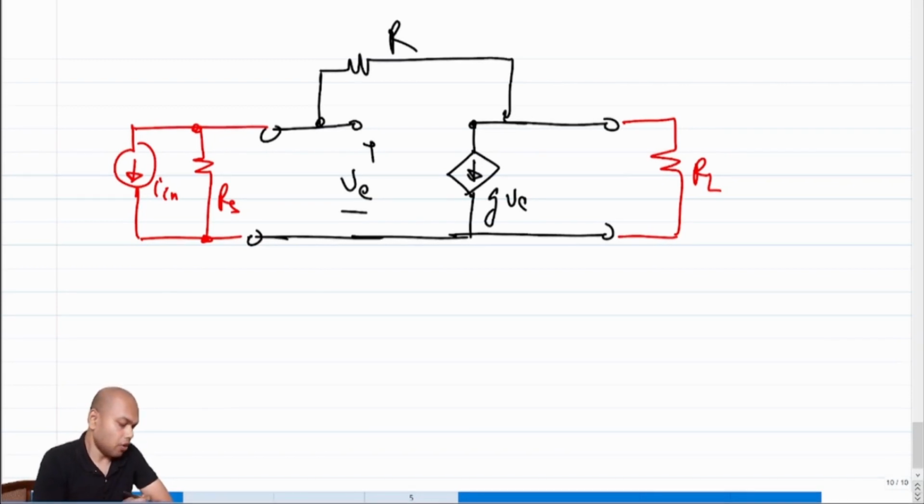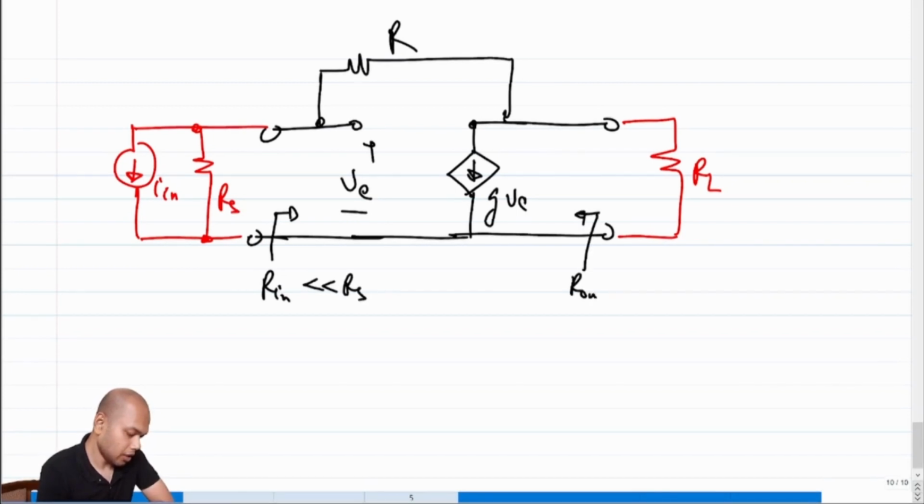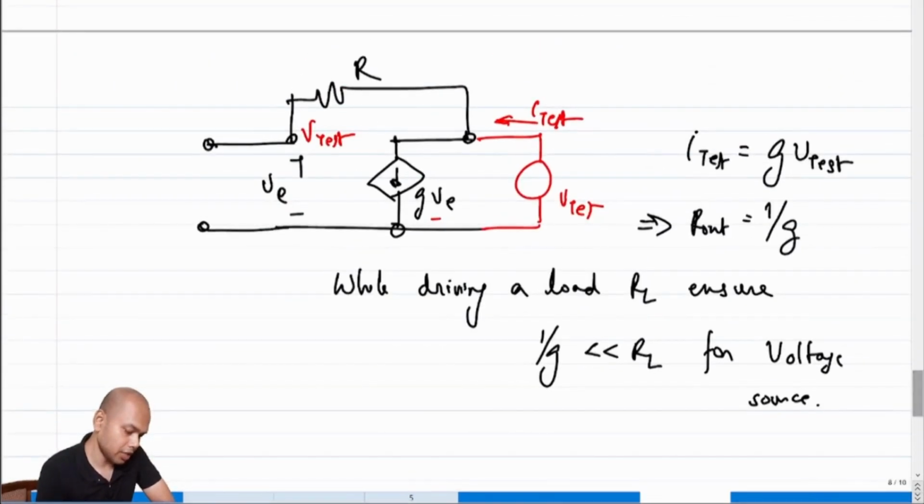If we honor two conditions, in this particular contraption, what do we need to honor? We need to honor R in should be much less than RS and R out should be much less than RL. Now note that if we do the full blown analysis in the presence of both RS and RL, the conditions that we will get will not be exactly equal to this, right?